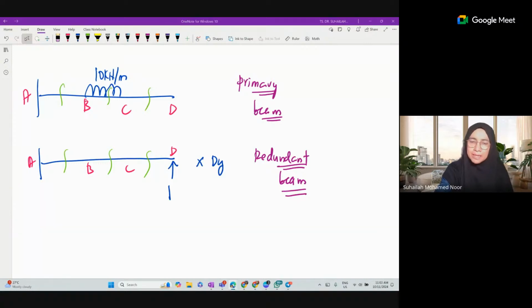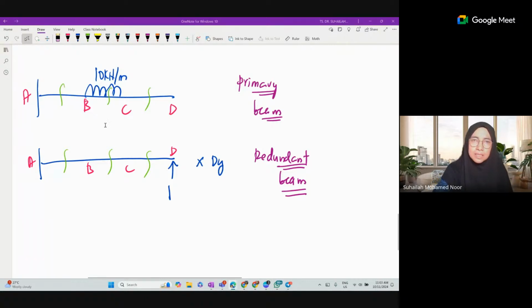And for the second diagram, the redundant beam, because we have taken up dy, it is dy equal to 1 times dy, 1 times redundant. So when we analyze, we just focus on a unit value. So the redundant beam is just like the virtual system because it has the same characteristic.